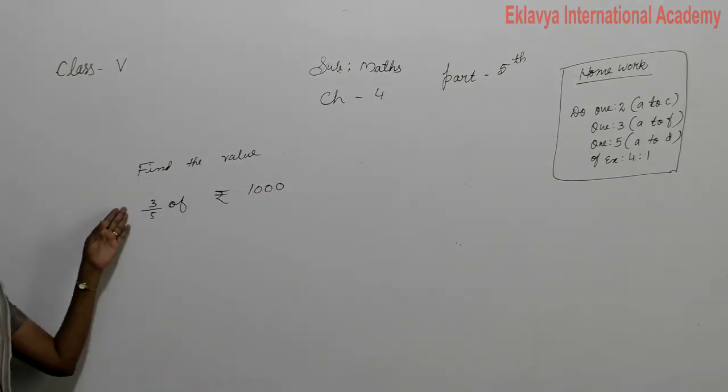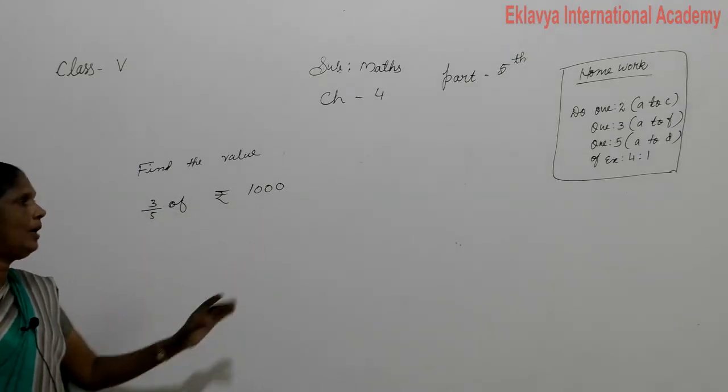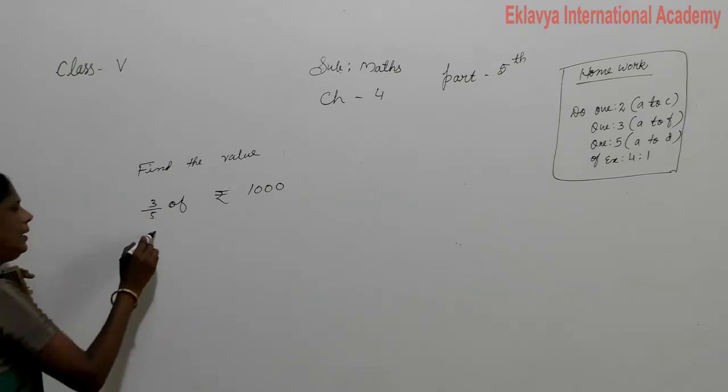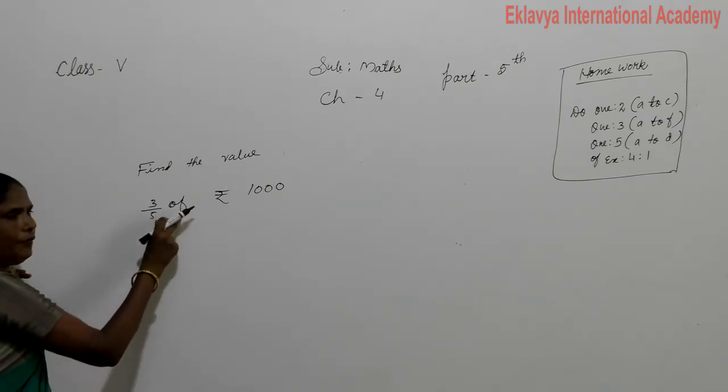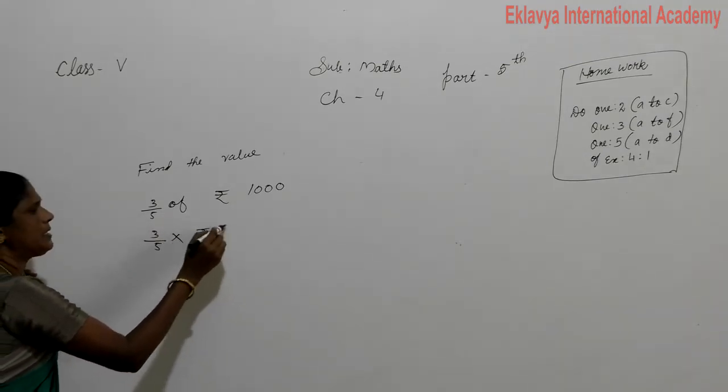Here, 3 by 5 of rupees 1000. Of means multiply. Of means multiply. 3 by 5 of means multiply, multiply rupees 1000.